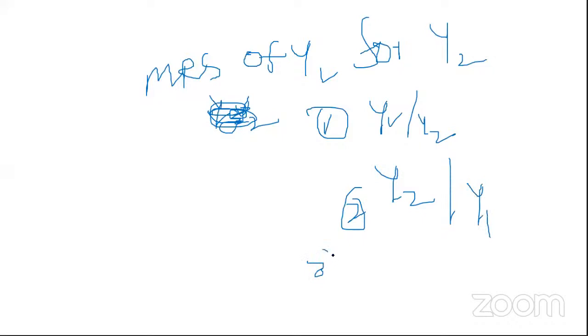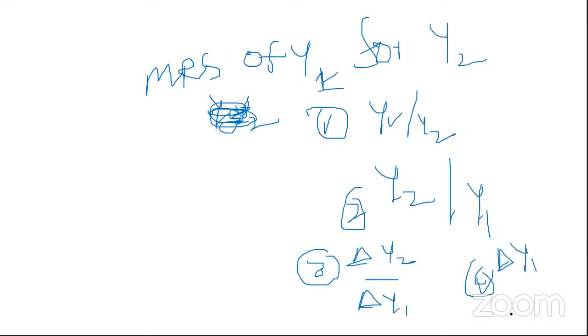The third option is change in y2 by change in y1. The fourth option is change in y1 by change in y2. The correct answer is the marginal rate of substitution, MRS, of y1 for y2.